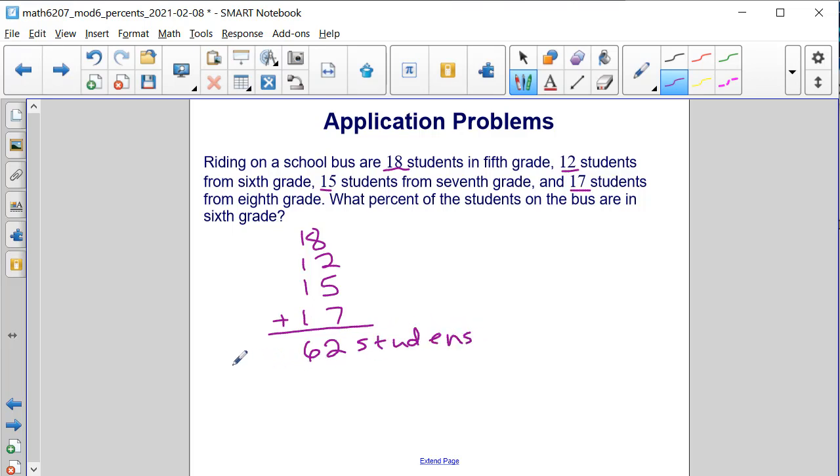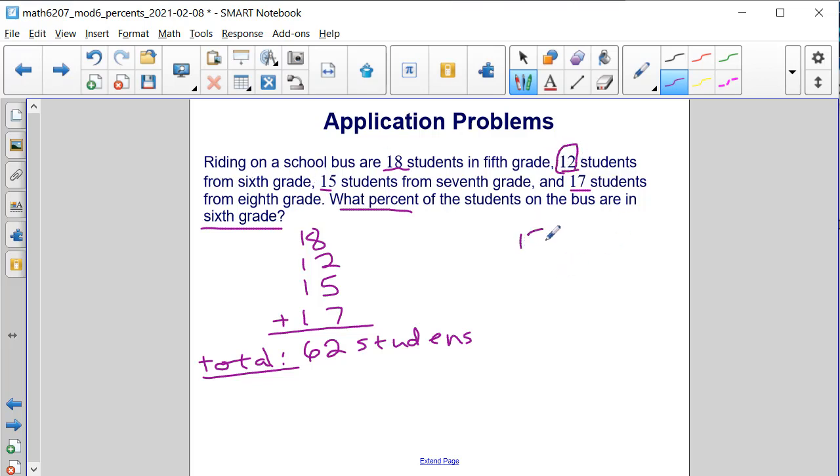on the bus. So this represents the total. So it asks what percent of the students on the bus are in 6th grade. Okay, so we're looking for 6th grade. Okay, it's right here. So that's 12.